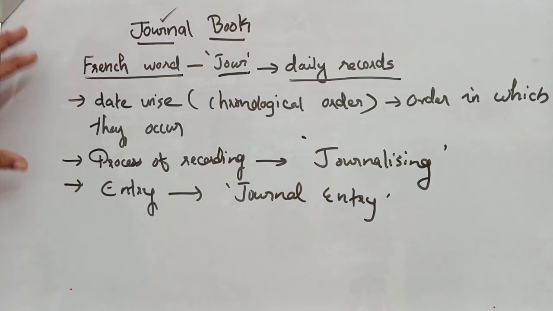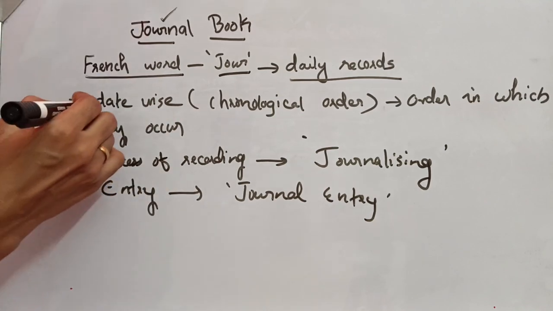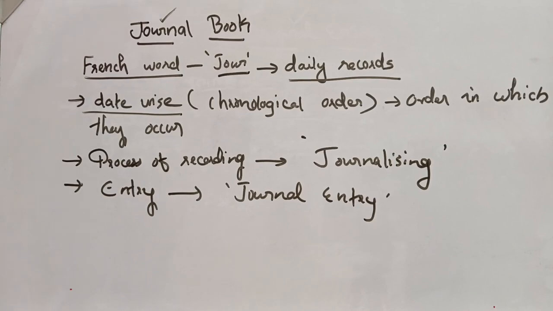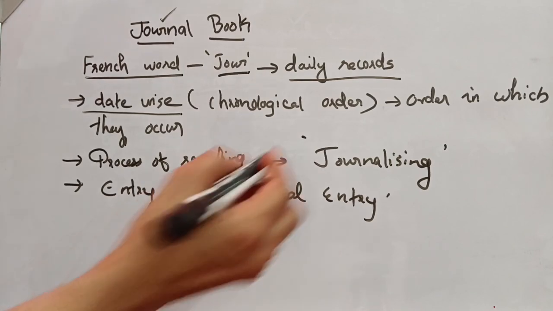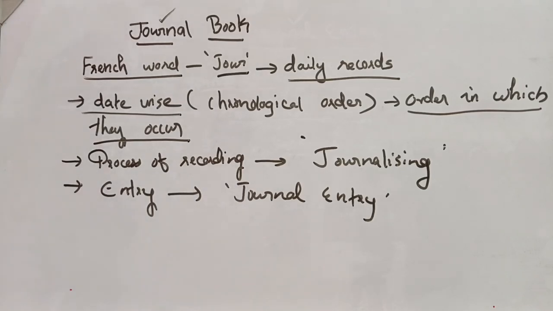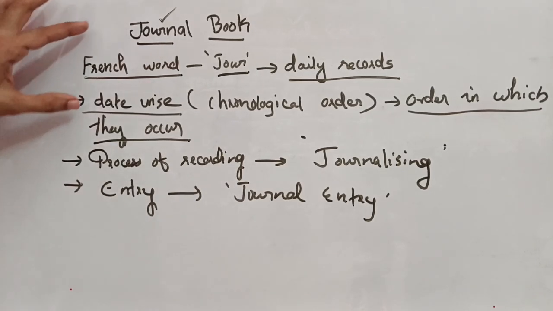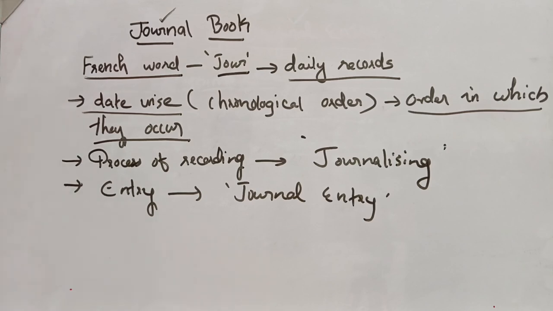It is a daily record of transactions where we enter the transactions for the first time. Here the transactions are recorded date wise, that is in chronological order, in the order in which they occur. So this is about the journal book.